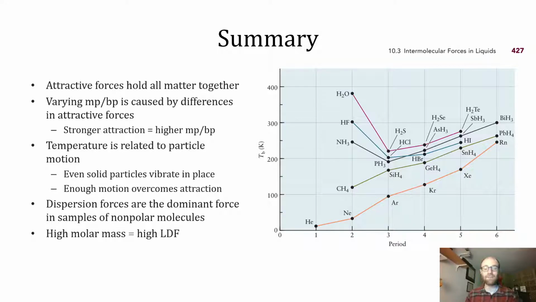And when it happens, you see a stronger force holding together the bigger, heavier, more electron-filled particles. And so this general upward trend on the noble gases we see on the bottom is explained by the dispersion force. There is this idea of you can overcome that attraction by increasing the motion and the temperature, so the phase transition occurs.